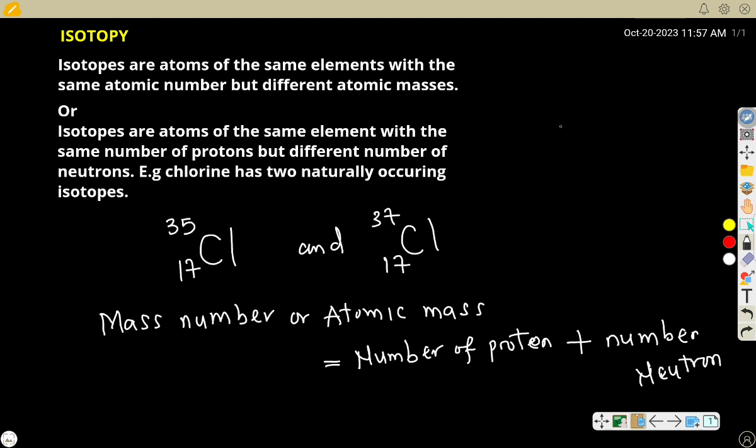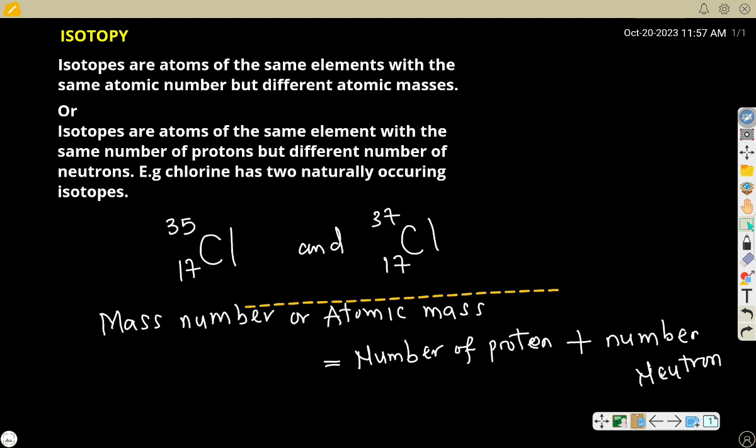Because if you remember, if you are drawing your shell, the shell will have nucleus first. Inside the nucleus, you have neutron and proton. And then you have electron that surround it. So the sum of the neutron and proton is called your mass number or atomic mass. So this is the general formula that relates them.